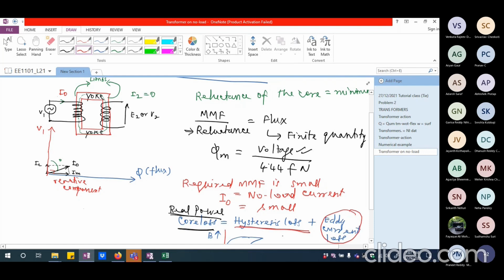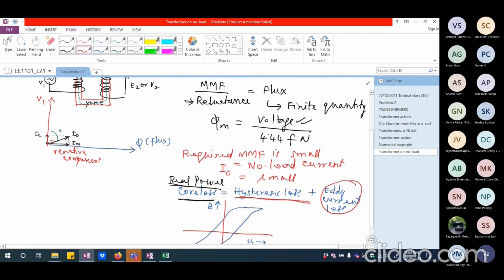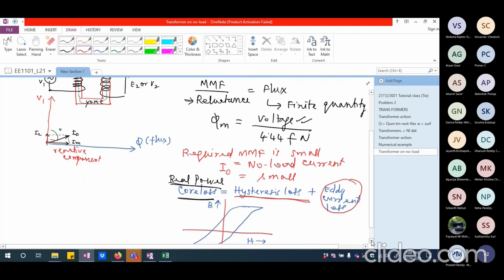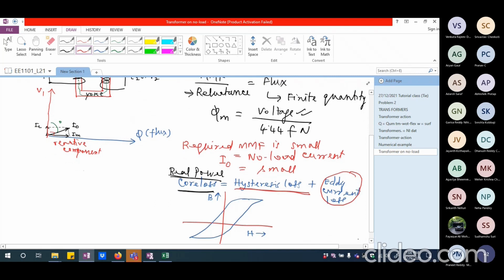I can have control only based on the frequency. If I have a lower frequency, the hysteresis loss will be lower. If I have a higher frequency, the hysteresis loss will be higher, because the area under this loop represents the energy loss per cycle.